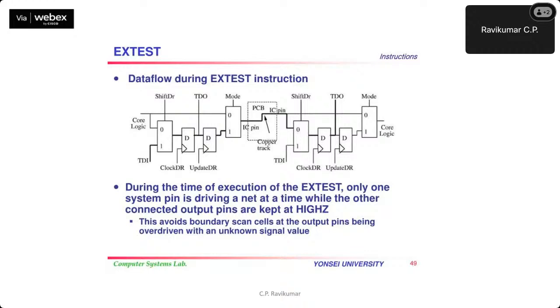So the external test is applied like this. So this is the interconnect between the two ICs. So this is one IC and this is another IC. This is the output boundary scan cell and this is the input boundary scan cell. And there may be core logic here and there may be core logic here.